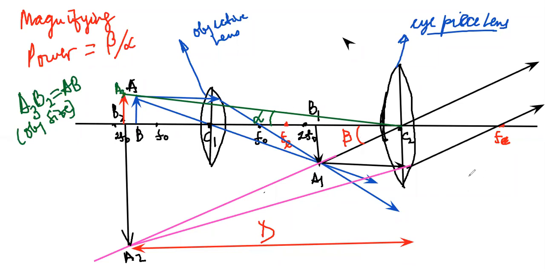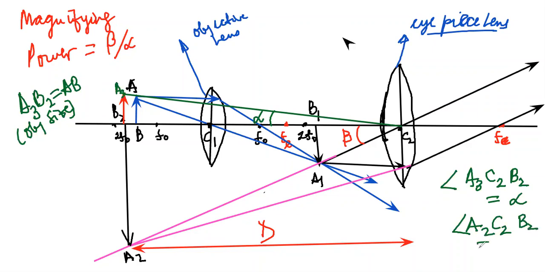If I write it over here, angle A3 C2 B2 is equal to alpha, and angle A2 C2 B2 is equal to beta. This is the angle we are talking about. I hope it is clear to all of you.